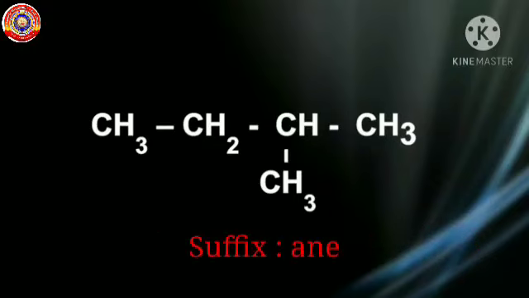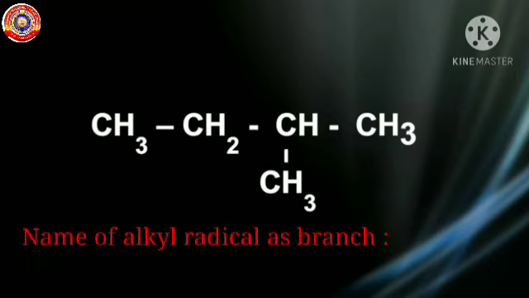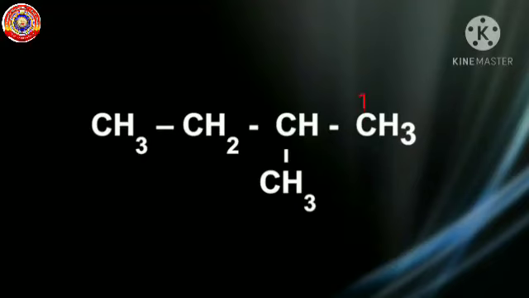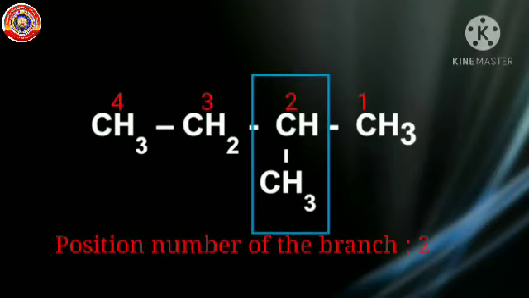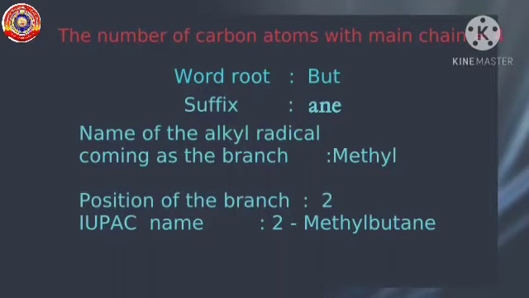Suffix is ane. Since the chemical bond between the carbon atoms is single, we use the suffix ane. But what is the name of the alkyl radical coming as branch? Yes, it is methyl. And the position number of the branch is 2. Hence, the IUPAC name of this compound is 2-methylbutane.